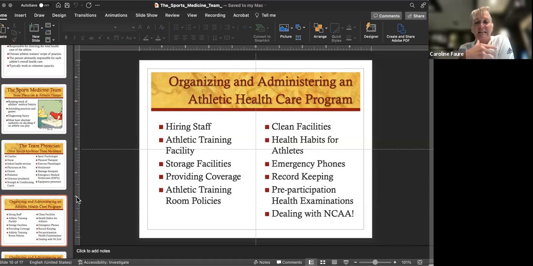So if that looks like it's going to happen, like an ACL tear, then you may have to provide good documentation and good information to those college athletic trainers and coaches, just in case there's any application for a medical redshirt that freshman year. Providing coverage we'll talk about in a little bit too on the next lesson.